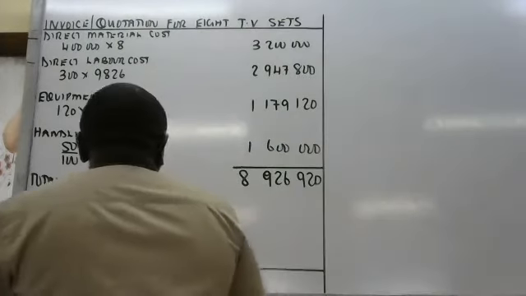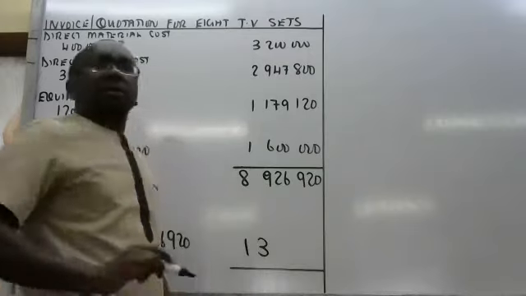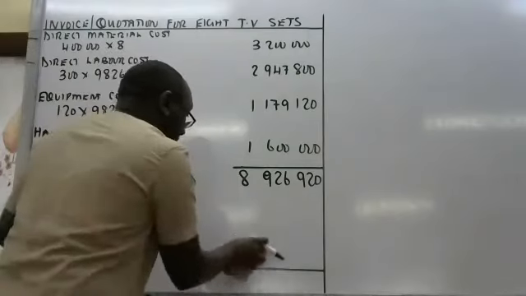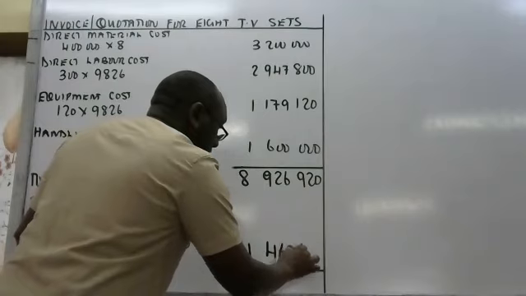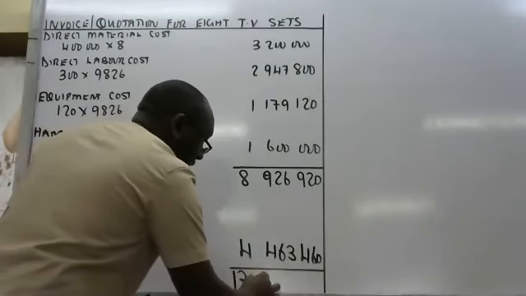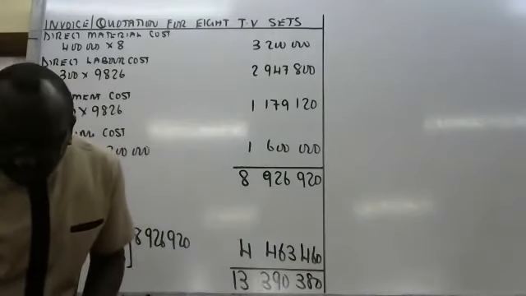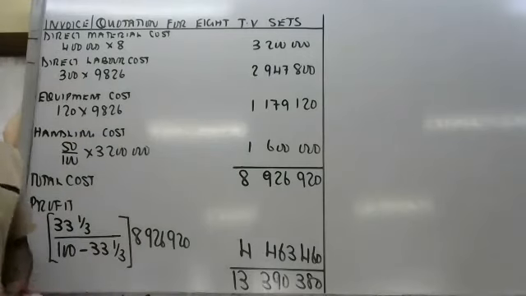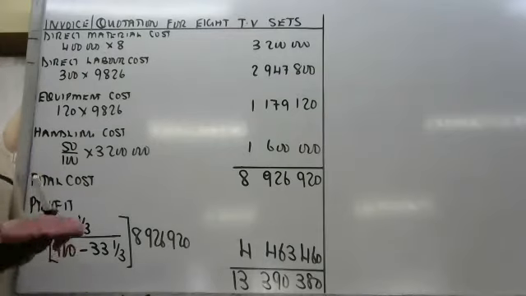How much did you get here? 4 million 460. Then 13 million 390. 380. Okay, good. So I believe you have read part B. So you just solve straight.